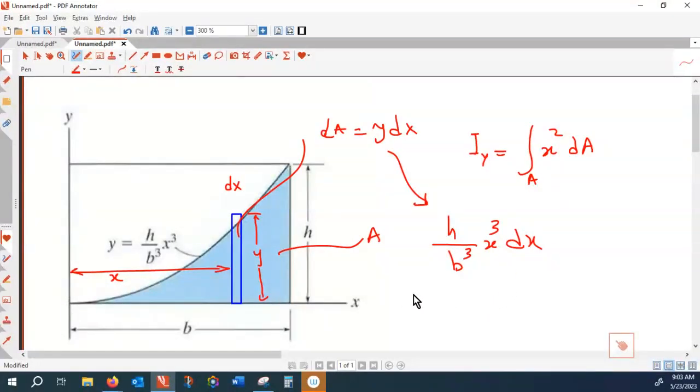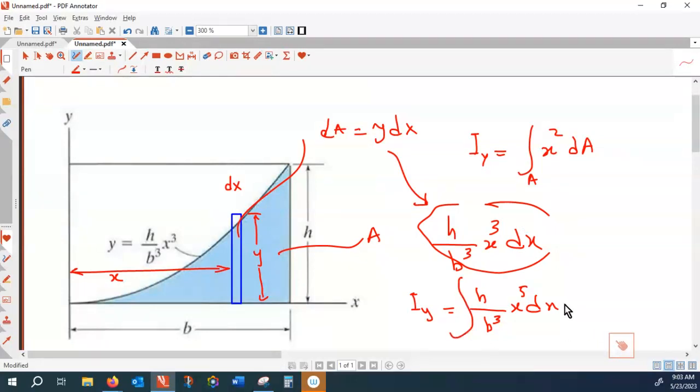So if I plug that in, Iy is the integral of h over b cubed, x cubed multiplied by x², that's x⁵, and dx. That was the entire dA.